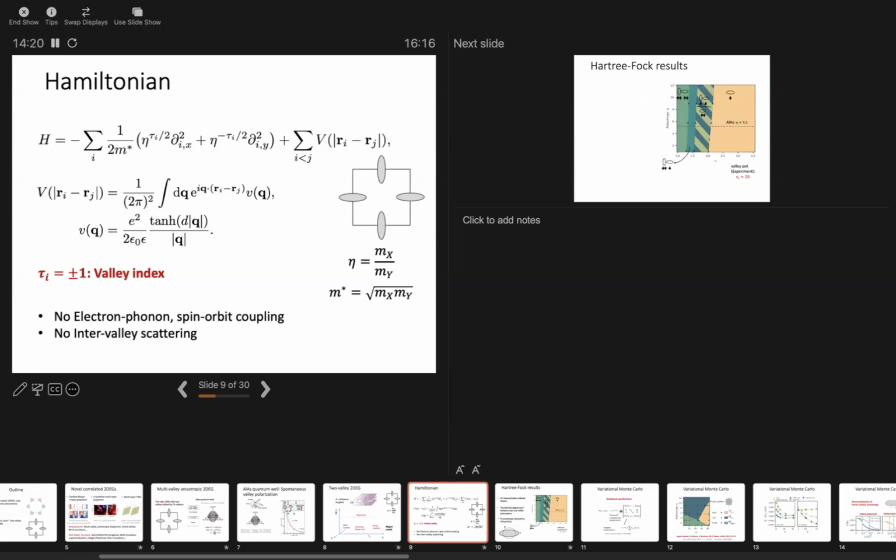We assume that the interaction that scatters an electron from one valley to the other happens at a very large momentum transfer. Because it's Coulomb, it decays like 1 over q in 2 dimensions. So that's very small compared to small-momentum scattering, which leaves you within the same valley. So that part we neglected. We expect that to be small. We kept only the biggest terms in the Hamiltonian, and this is what they are.